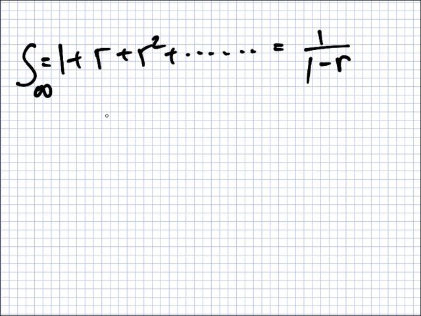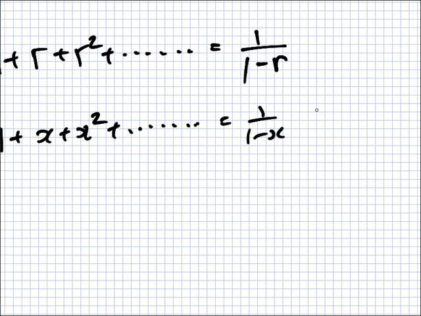Yes, okay. So you can say 1 plus x plus x squared plus dot dot dot equals 1 over 1 minus x. That's what I'm going to use next.